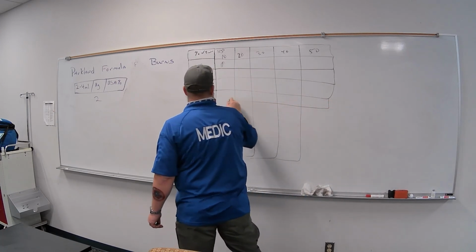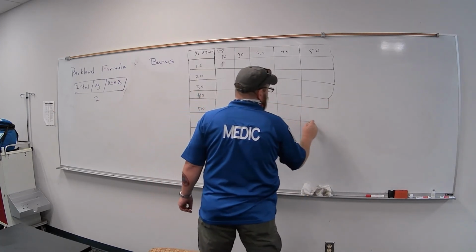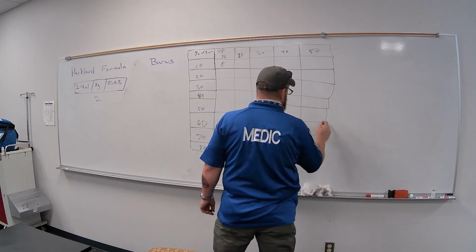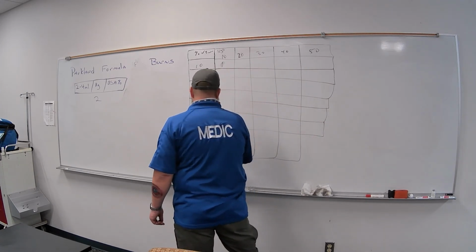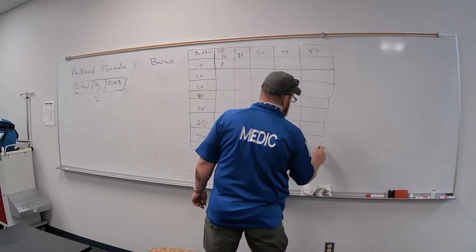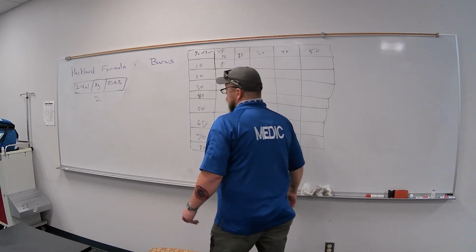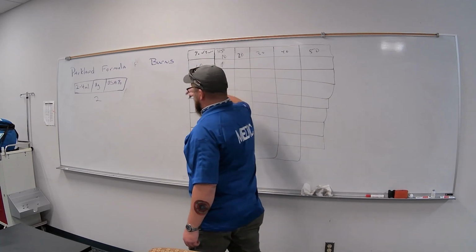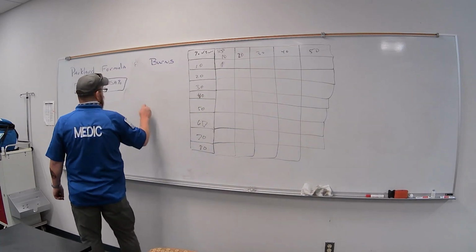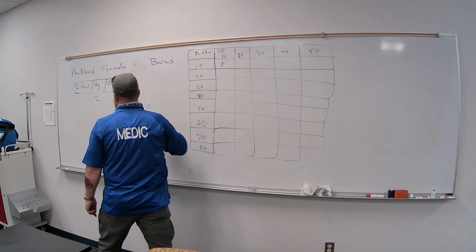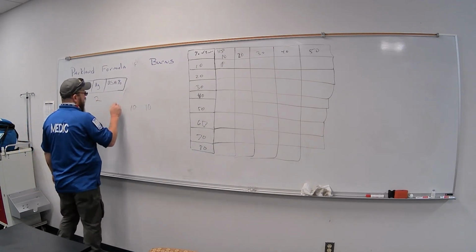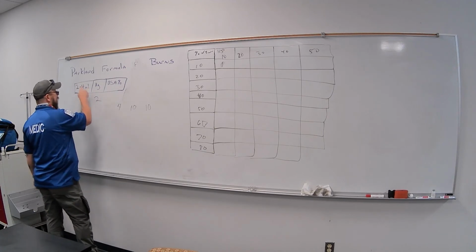This table is using the Parkland Formula and using the most fluid. So if we go to the Parkland Formula, 10% of body surface area burned, 10 kilograms, and we know this is 4 mL because it says the most.